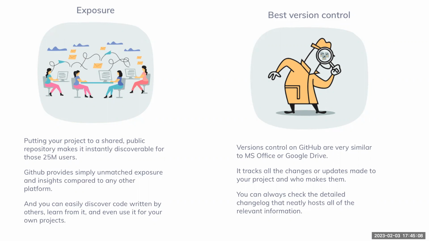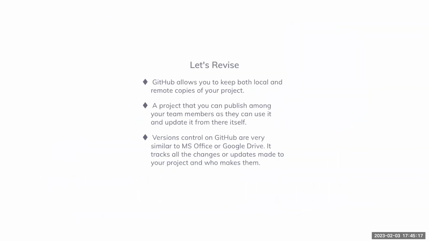You can always check the detailed change log that neatly hosts all the relevant information from Git. It is a very small concept, but GitHub allows us to keep both local and remote copies of your project. A project that you can publish among your team, and team members can use it and update it from there itself. GitHub enables that.